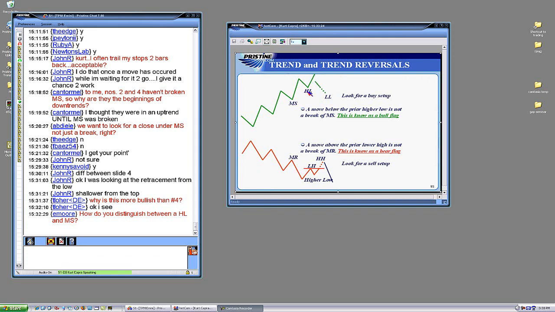This would then become major support. But because it did not, and it just did this little deal, it's just a higher low in relation to this pivot.